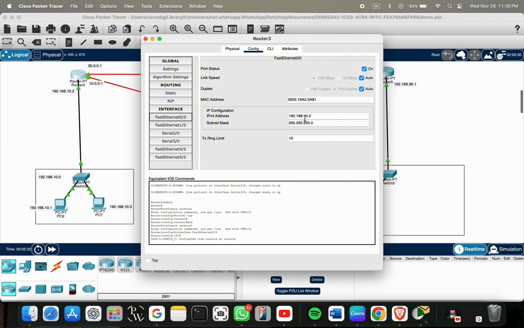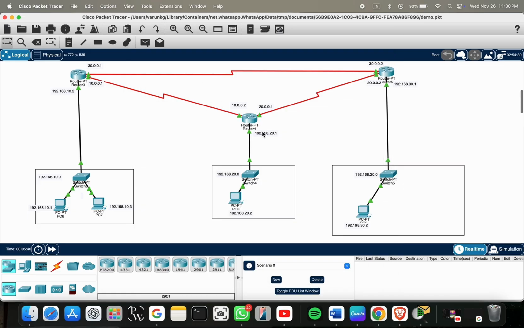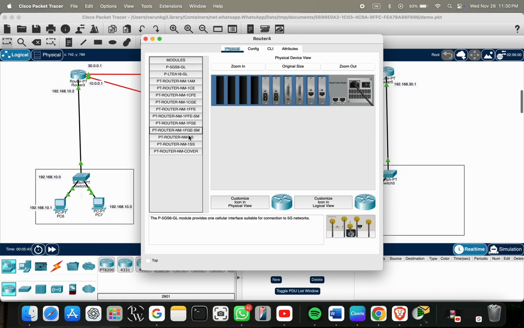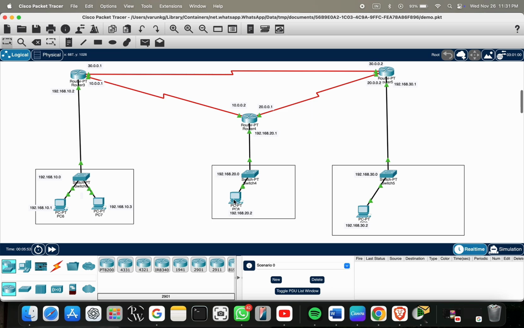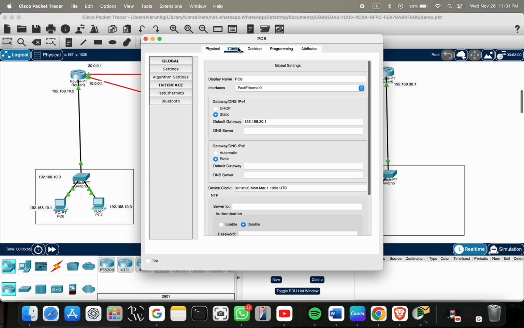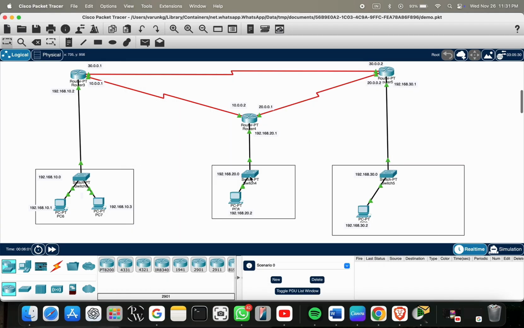And this router's address, you can see in fast Ethernet, is 192.168.10.2, which is the address of these two PCs, which are directly linked to this switch. Similarly, this router has in config, on the fast Ethernet, 192.168.20.1, which is the address of PC3.